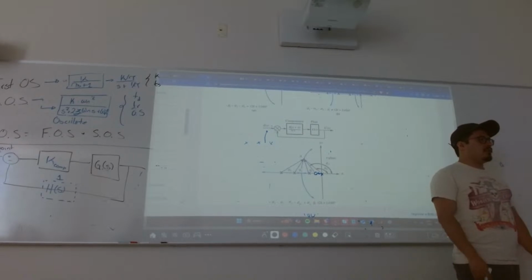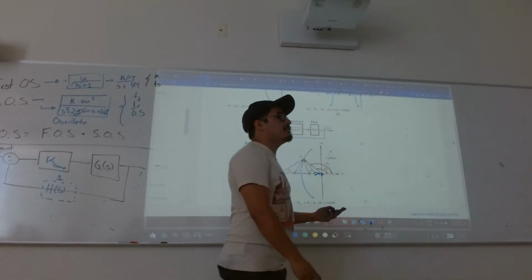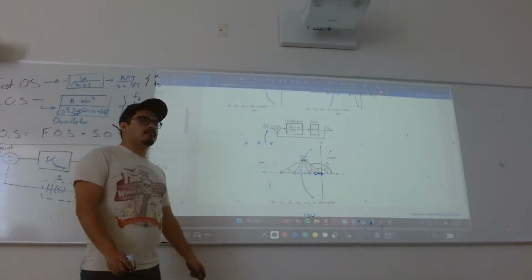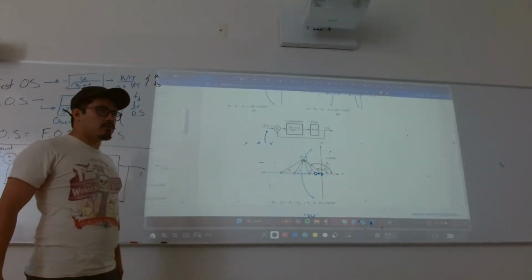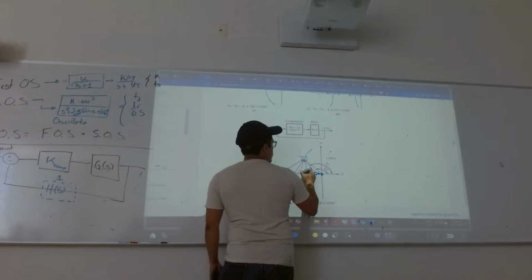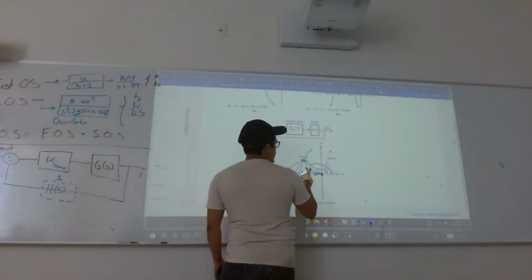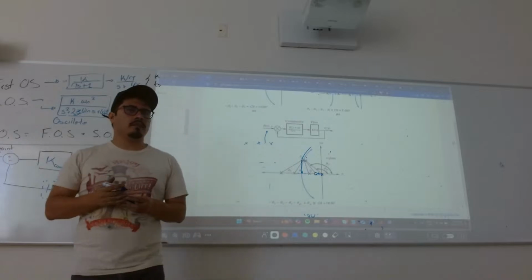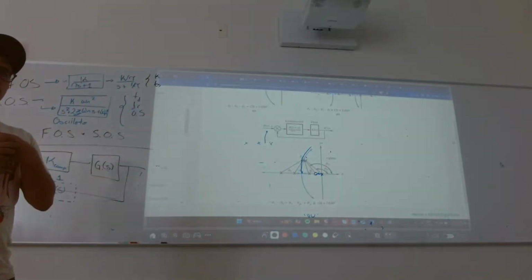But they cannot behave exactly the same, but they are around the area. Okay? If you overlap the two root locus, you will see this a little bit more open.